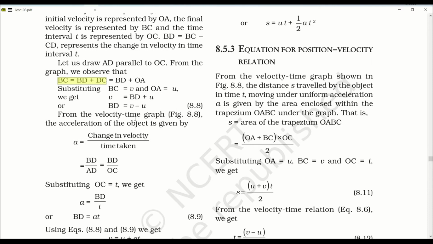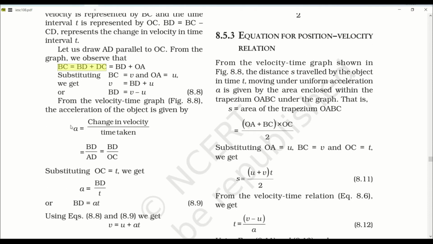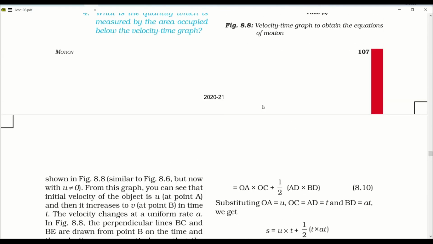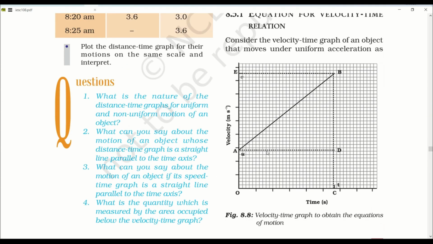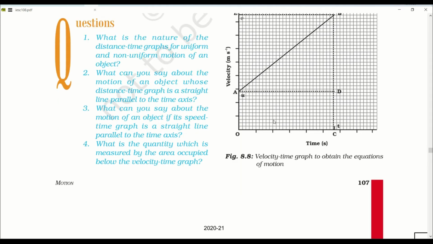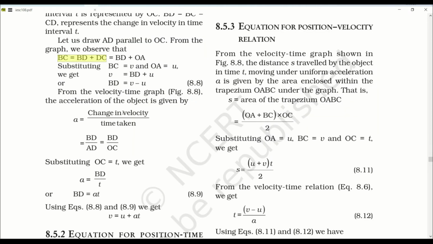From the velocity time graph, the acceleration of the object is given by a is equal to change in velocity upon time taken. So what is acceleration? That is the change in velocity and the time taken for changing that velocity. The velocity has changed from u to v, and the time it has taken is from A to D. So acceleration is equal to change in velocity upon time taken, that is BD upon AD.